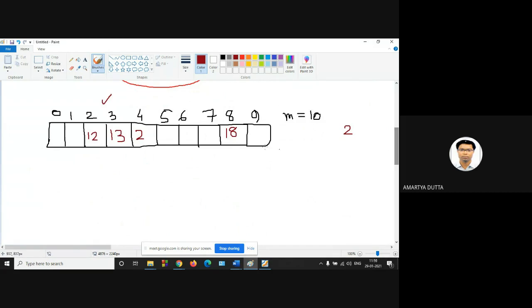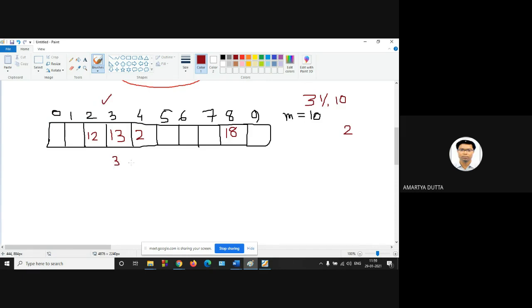Now your next key is 3. The formula is 3 mod m. Your m is 10. So 3 mod m means 3, so at array index 3 we should put the 3.